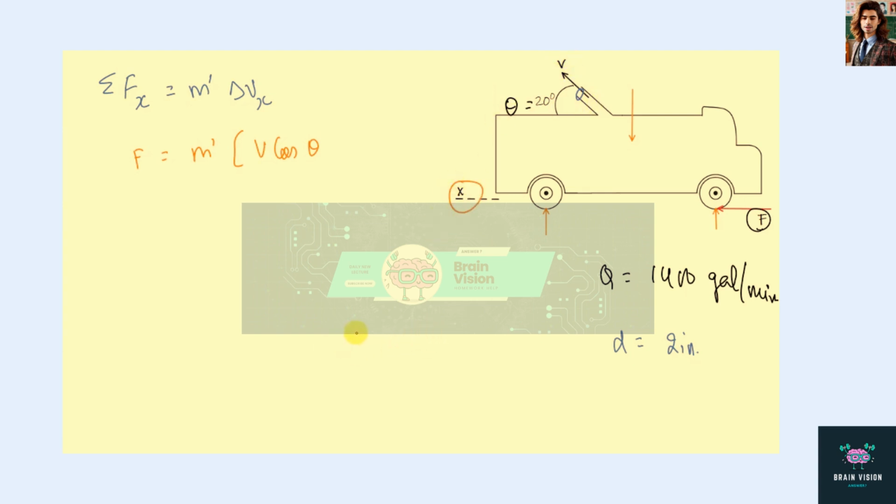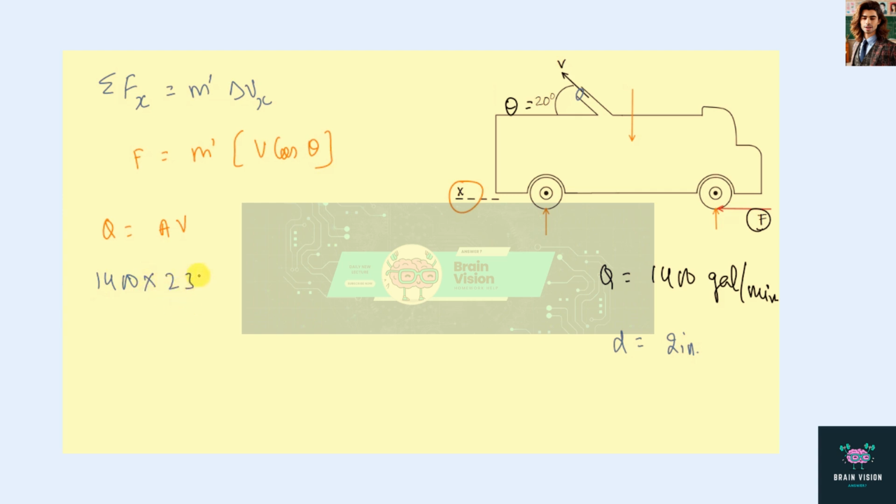Now next we'll be calculating the value v, velocity. For that we know that discharge is equal to area times the velocity, and discharge we are given to be 1400 gallon per minute. So we'll be converting the units into feet cube per second. 1 gallon means 231 inch cube.